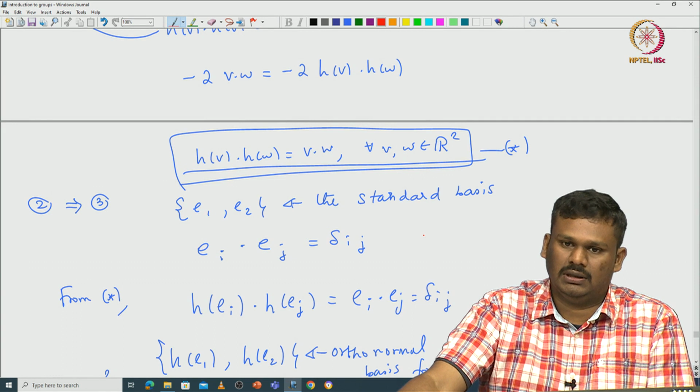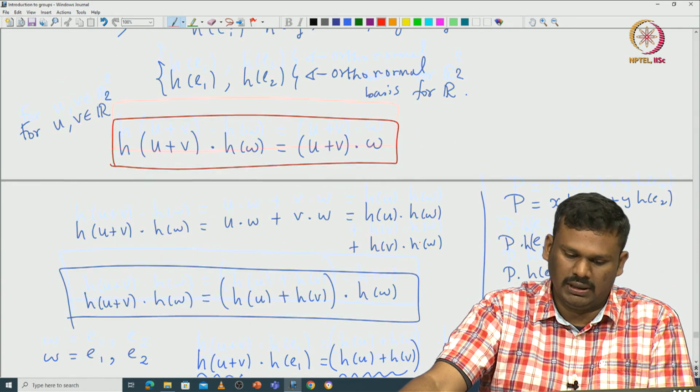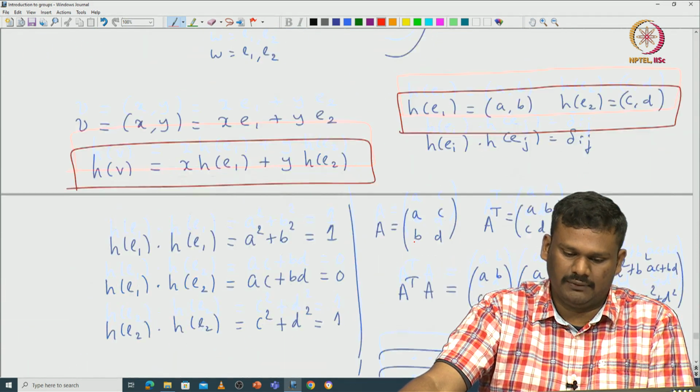Place H of E1 and H of E2 in the first column and second column, then you will get this matrix capital A.